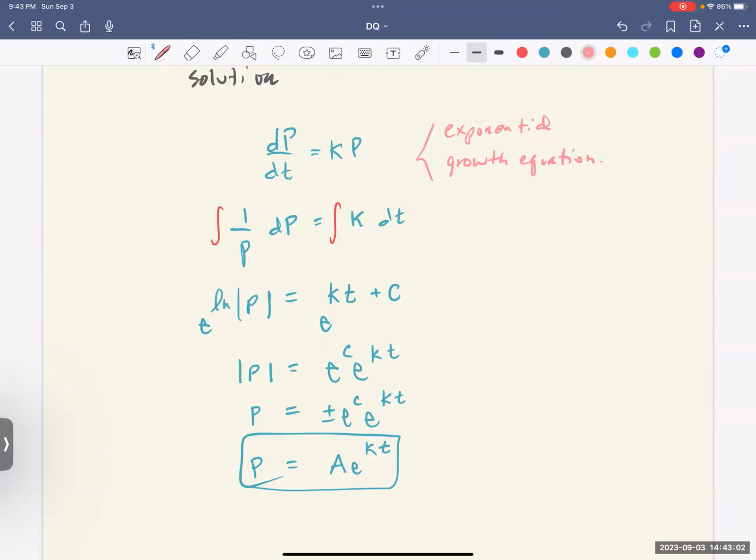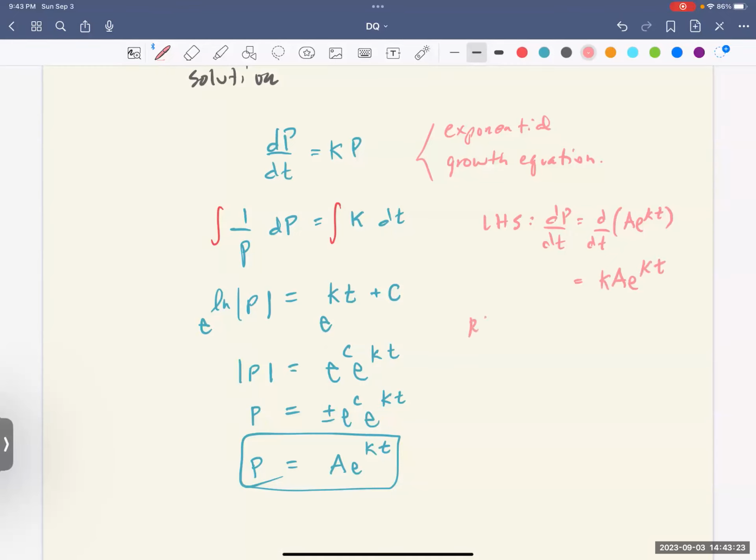And just to convince yourself, if we calculated the left-hand side, dp/dt, that's equal to the derivative by t of a e to the kt, and this gives us k a e to the kt.